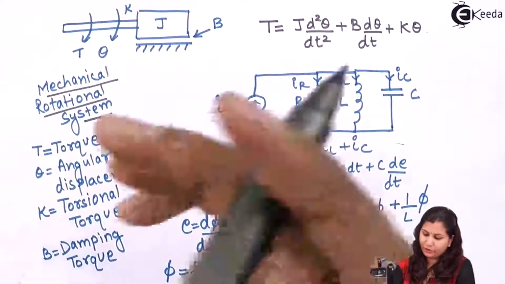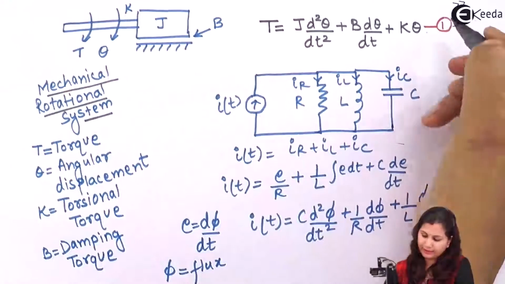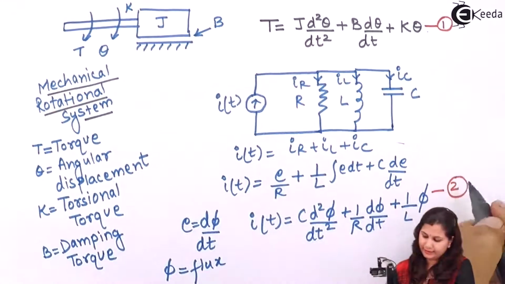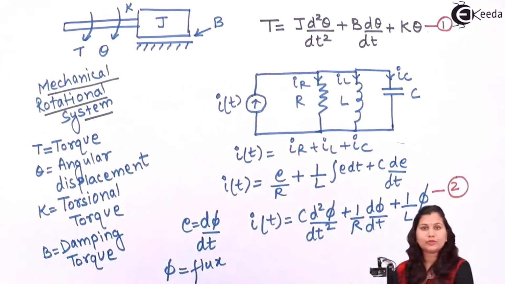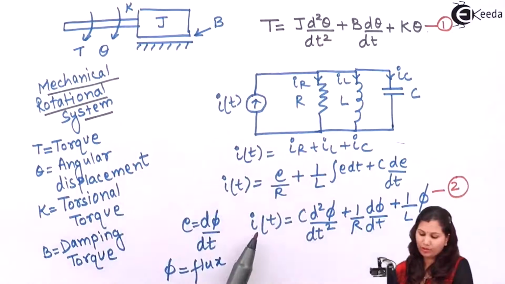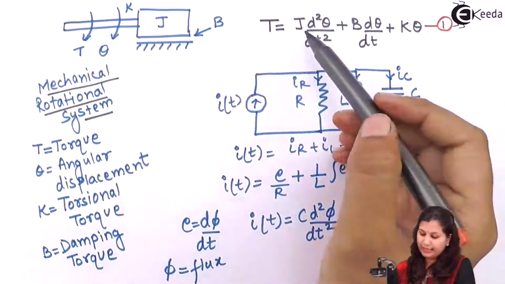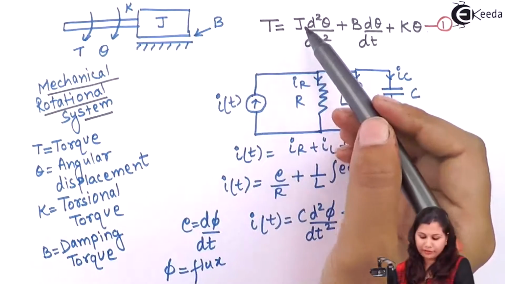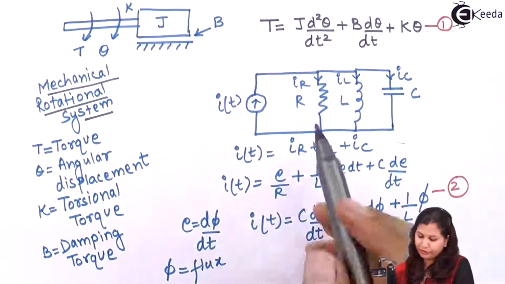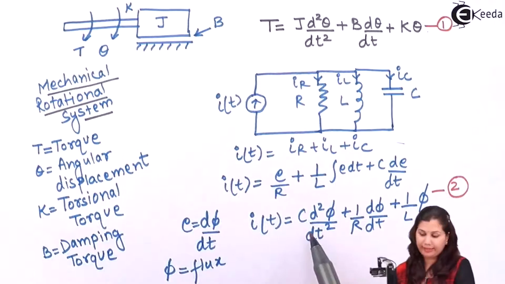So we have these two equations. First is this and second is this. If we compare these two equations, we will get that torque is equal to current. We can replace torque by current, and J is the moment of inertia, so we can replace this by the capacitance.